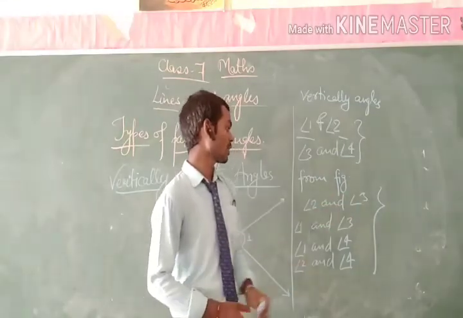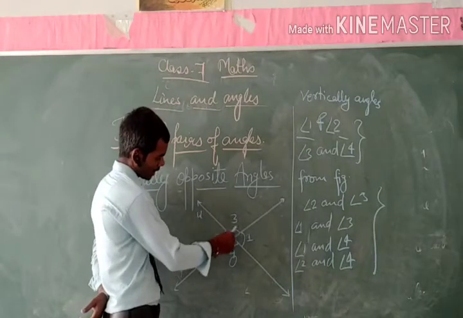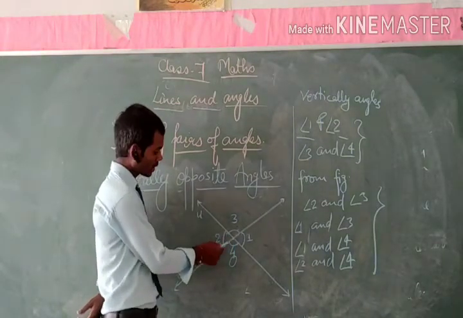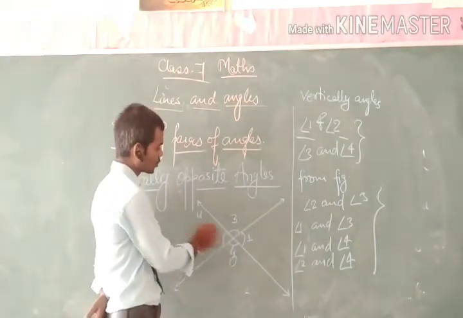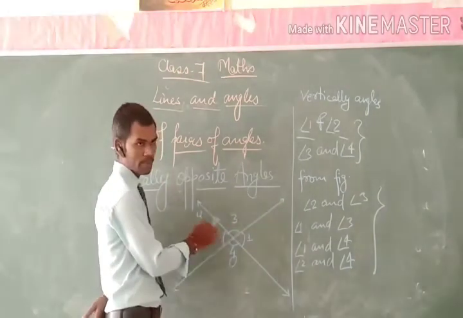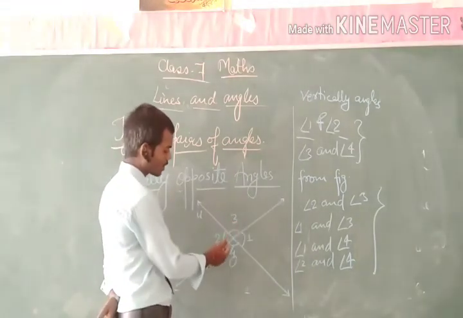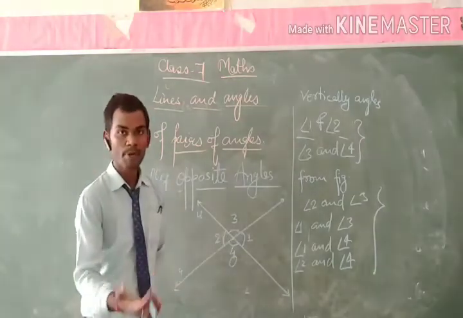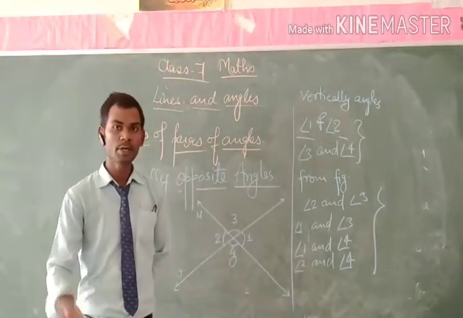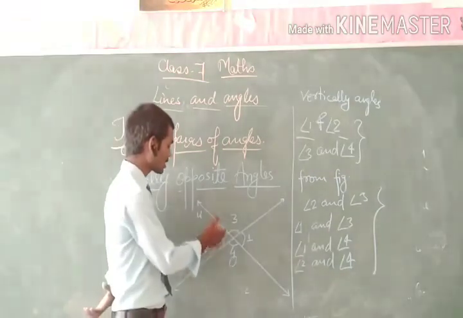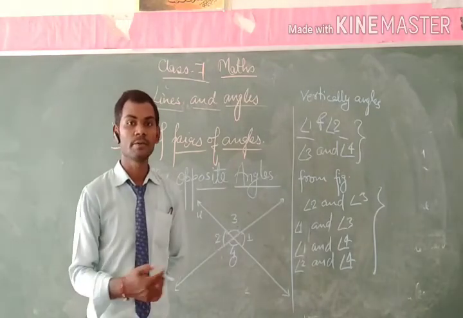angle 2 and angle 3, we can see that angle 2 and angle 3 are a linear pair, because here the side OU is the common side for both. We can also say that angle 2 and angle 3 are supplementary angles, because the measure of angle 2 and angle 3 is always 180 degrees as given in the figure.